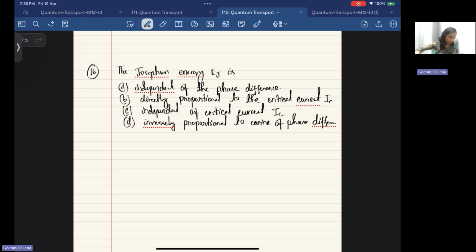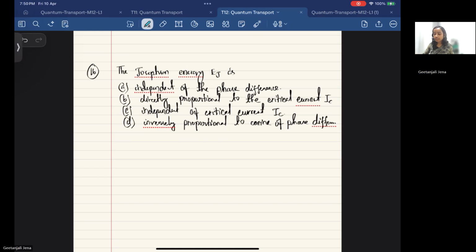I'll go through question 16 once. Question number 16 says, option A, the Josephson energy EJ is independent of phase difference.